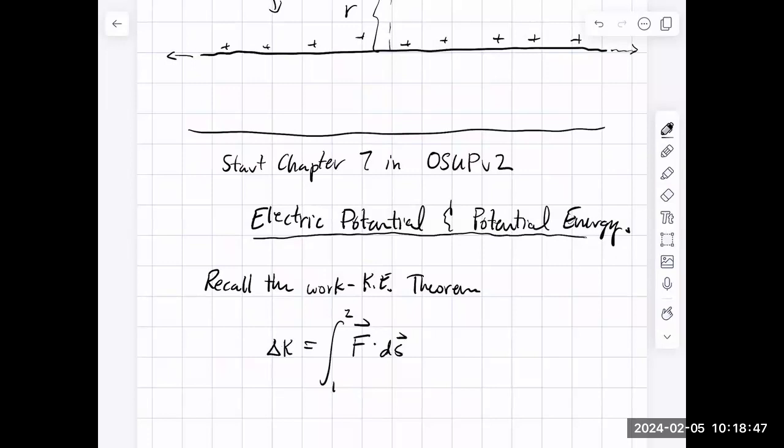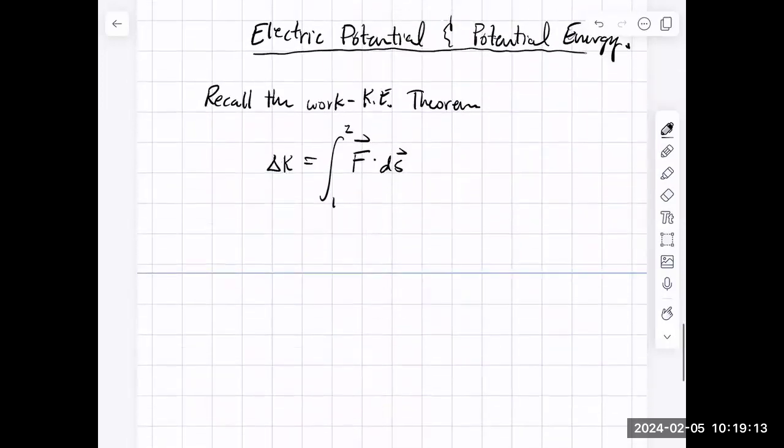The integral is going to go from a point 1 to a point 2, so we're going to follow a particle along some path, and for every step along that path, we're going to evaluate F dot product with the displacement, and then add up all those little steps. That's what this expression means to get the total work, and that has to be equal to the change in kinetic energy. As a picture, maybe we have some complicated path, and we start at some position 1, and we end up at some position 2.